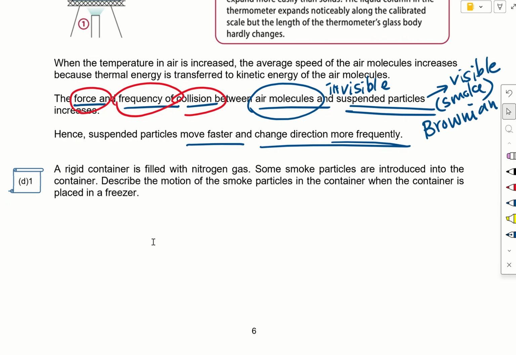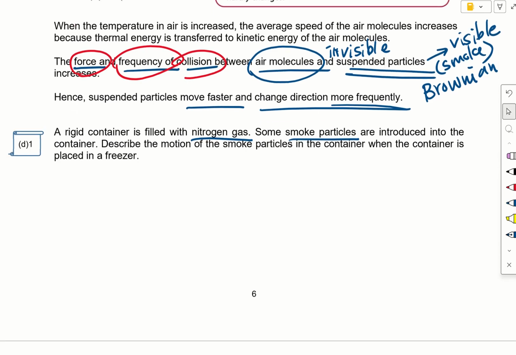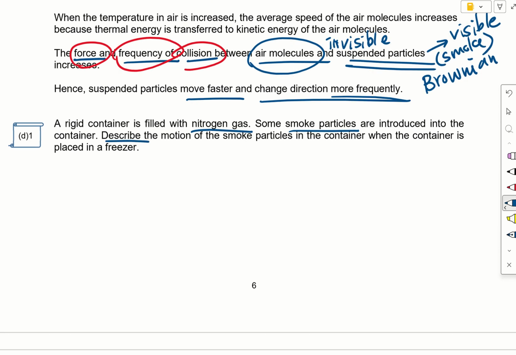A rigid container is actually filled with nitrogen gas, which we can't see. Some smoke particles which are visible are introduced into the container. Describe the motion of the smoke particles in the container when the container is placed in a freezer. So what happens when it is placed in a freezer?